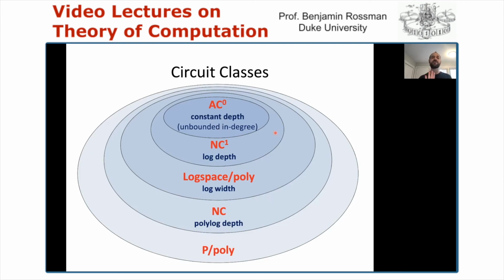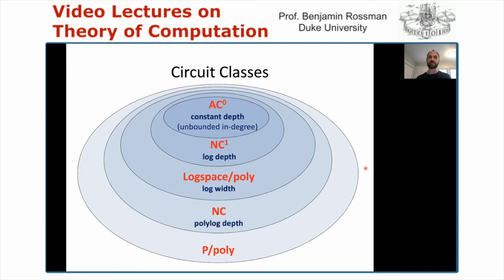This is constant depth circuits where we allow AND and OR gates to have unbounded in-degree. This class is sufficiently weak that there are techniques to prove strong lower bounds. In particular, a classical result in circuit complexity shows that the parity function, which is computable in NC1, is not computable in AC0.